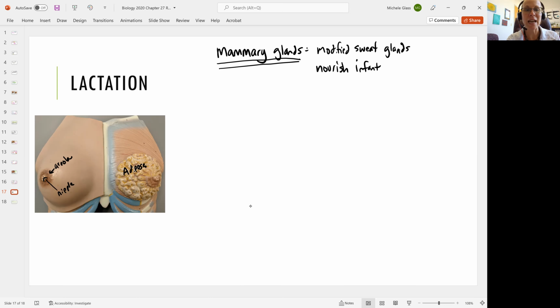If we look at the structure of the mammary glands, we'll have the alveoli, which are these little open-ended sacs. This is going to contain your milk secreting cells. And then we're going to see that that milk will move into what's called the lactiferous sinus. And the lactiferous sinus will empty into the lactiferous ducts.